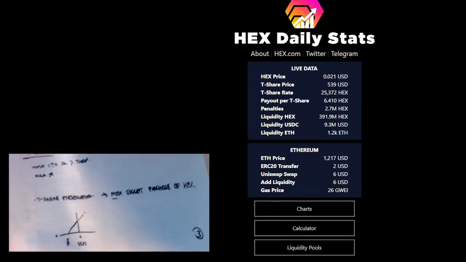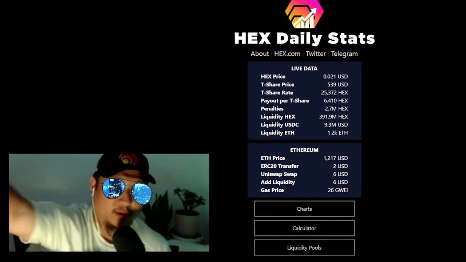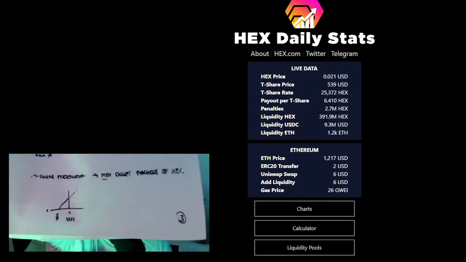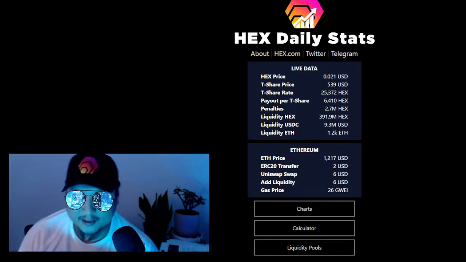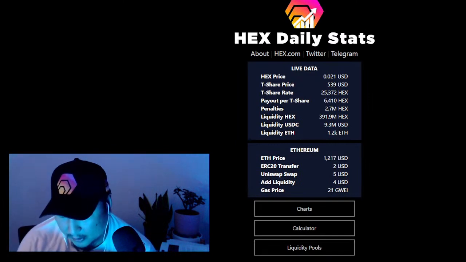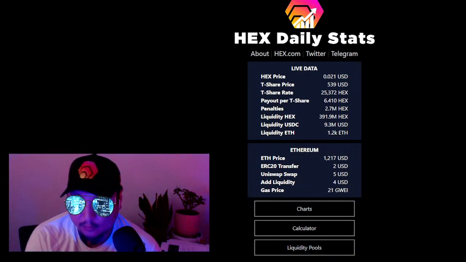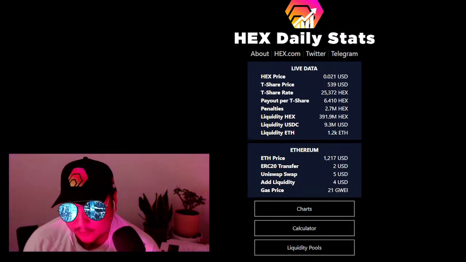The diagonal line going up and to the right would indicate the amount of time required and the amount of HEX also required to maintain your T-share position. When I say maintain your T-share position, it is an individual's, so one individual's T-shares would require this amount of HEX to produce this amount of T-shares.